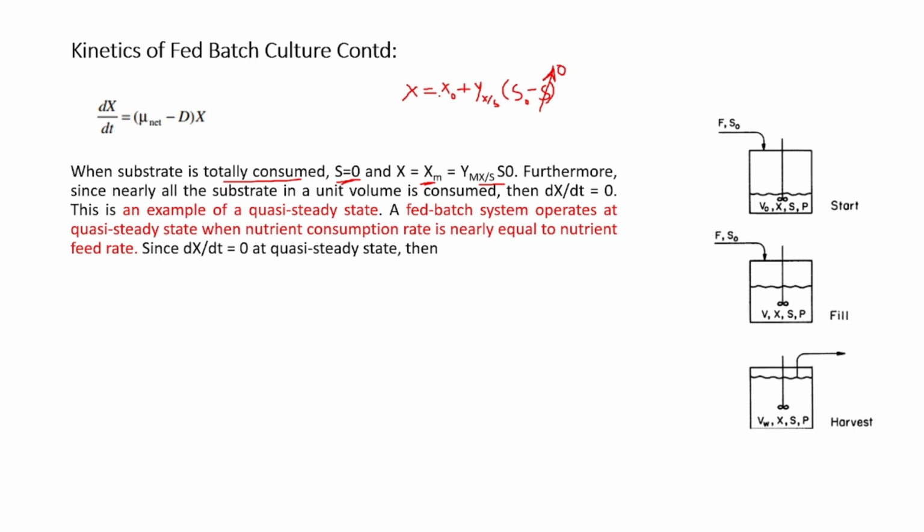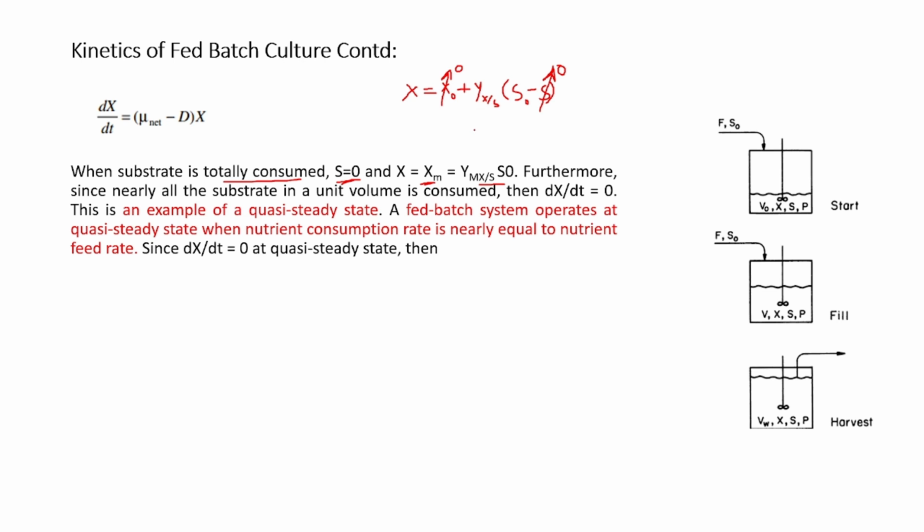And now we are also considering one more thing, that initial biomass concentration is also negligible. Because when we are considering maximum biomass concentration, the maximum biomass concentration within the reactor should be much higher than what you had at the start of the process.